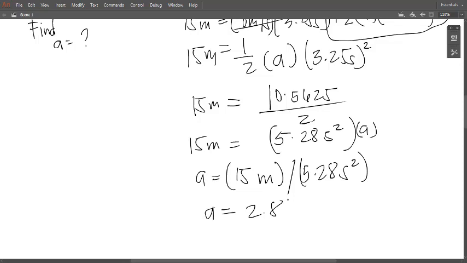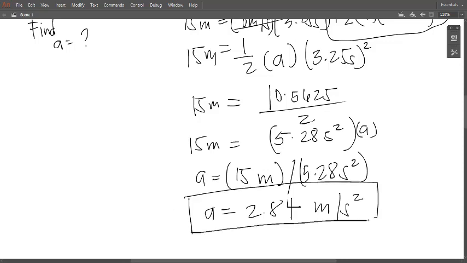We can have 2.84 meters per second squared. Are you all following? Did you get the answer?